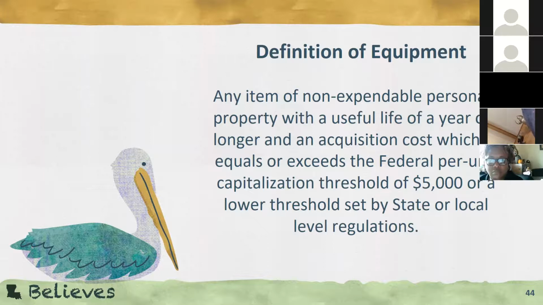Therefore, if you have an equipment purchase that is expected to be $5,000 or more, state agency approval must be in place prior to purchasing the item. The state agency approval process will be discussed in more detail as we go through the step-by-step process for procuring equipment.